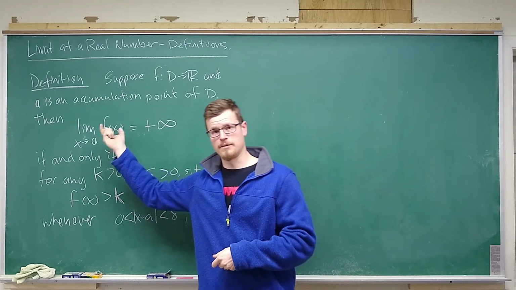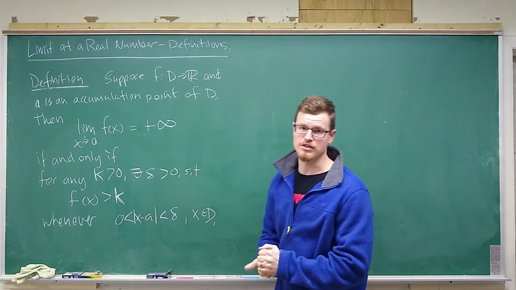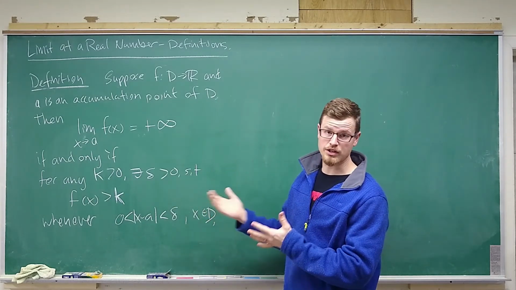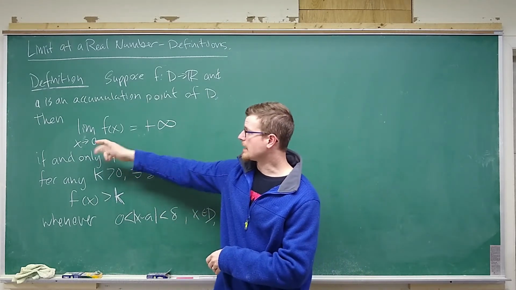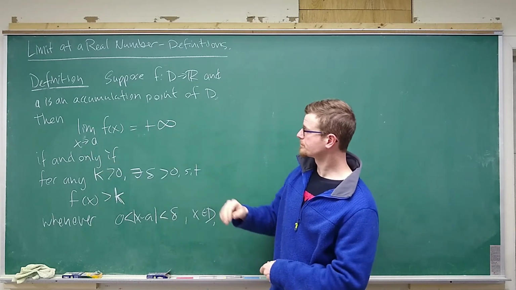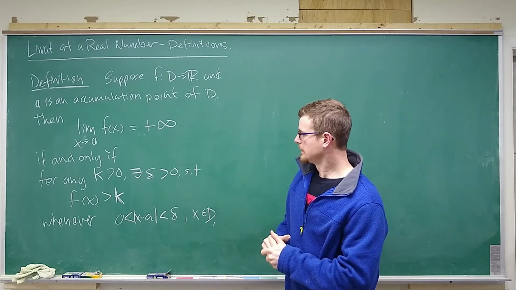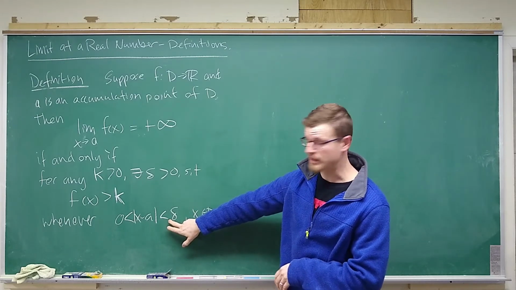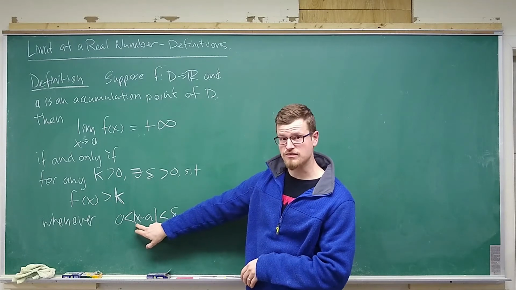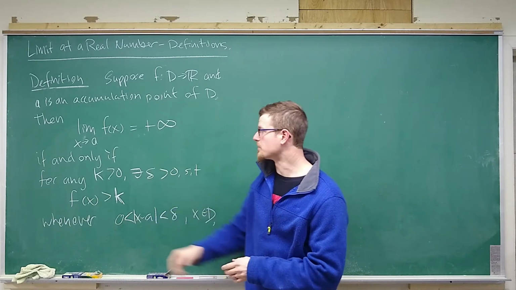Every epsilon window about A has to be non-empty. So that's the definition of an accumulation point for A. So I have to be able to create a sequence of x values that can approach A that eventually are not just A itself. Because here we need that our x values are not actually A, right? We need it to be greater than 0.